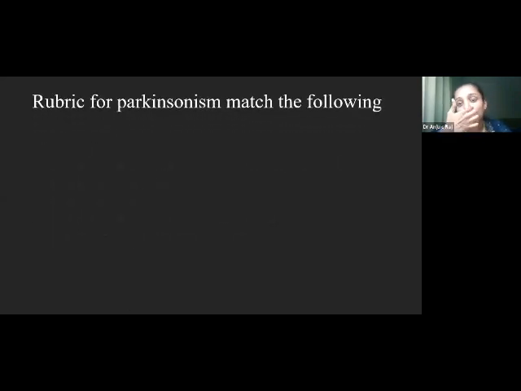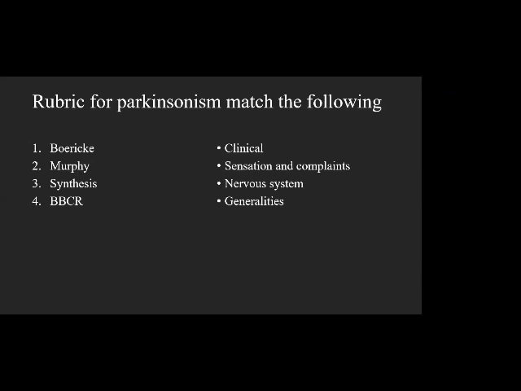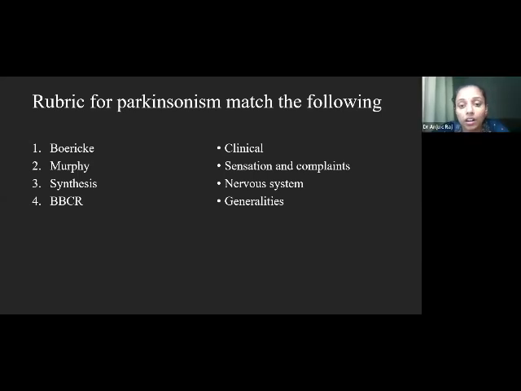Next, the rubric for Parkinsonism. In Boericke repertory, the Parkinsonism was mentioned in which chapter? Nervous system. Yes. In Boericke repertory, it is mentioned in the nervous system.